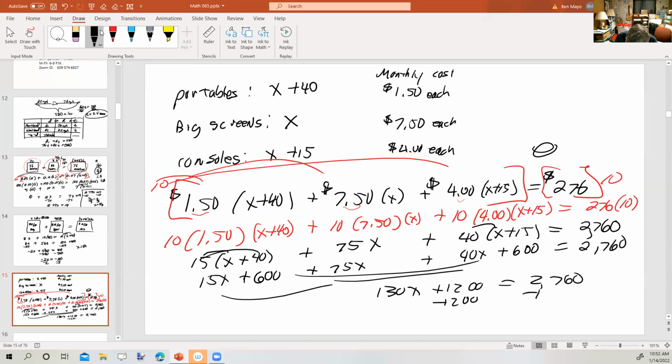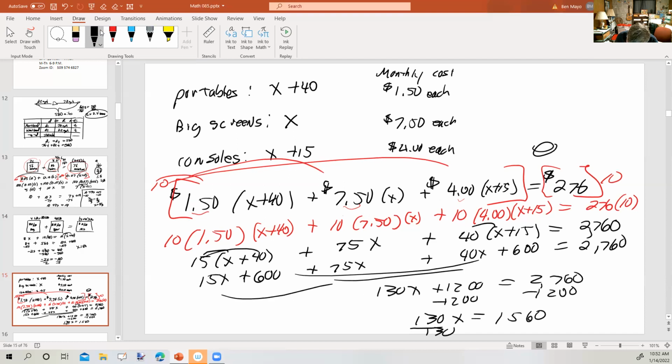Subtract 1200: 130x equals 1,560. Divide by 130, and 1560 divided by 130 comes out as 12. The question said, how many big screens are in stock? So the answer would be 12.